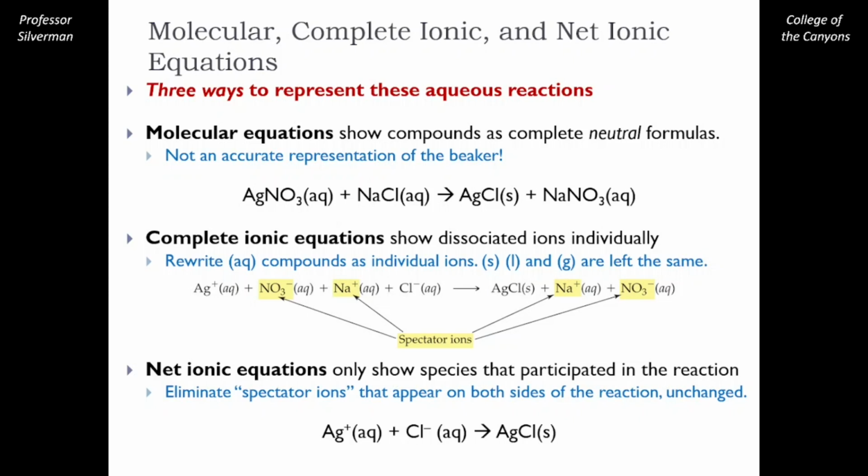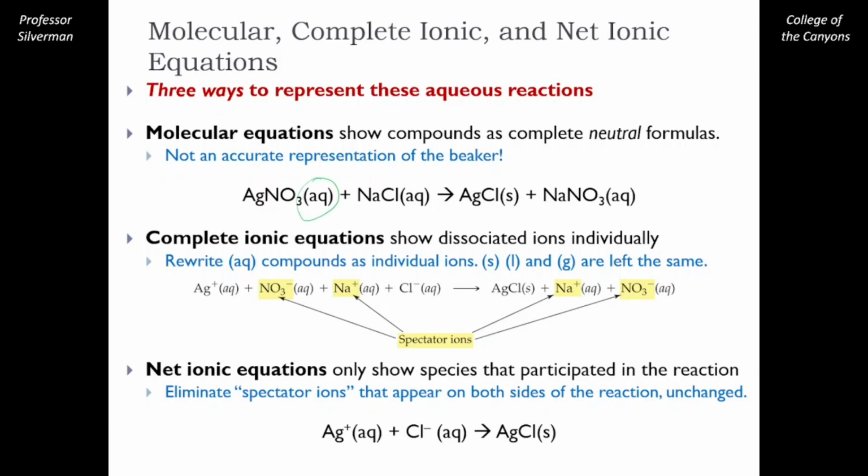But if we want to be more explicit, we can rewrite things as what we call ionic equations. The complete ionic equation takes everything that is aqueous and rewrites it as the actual ions that exist floating around in our beaker.